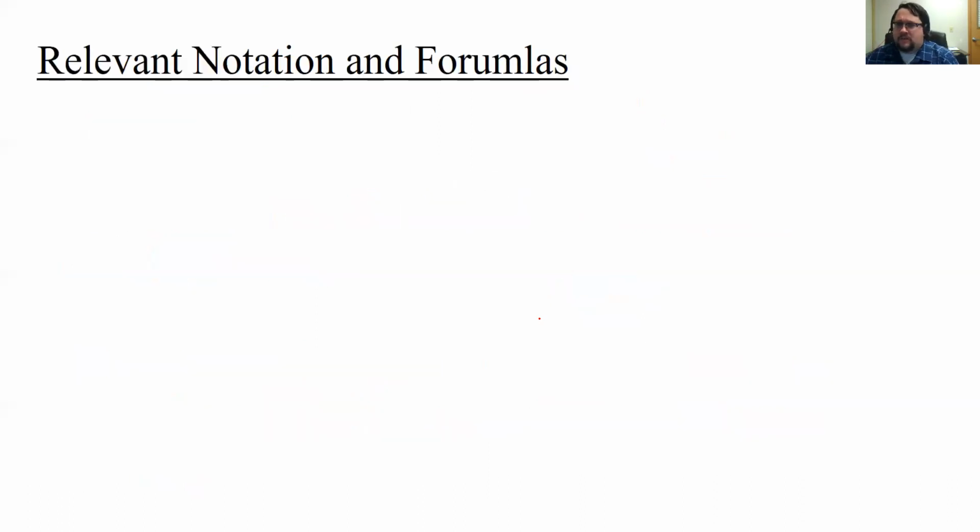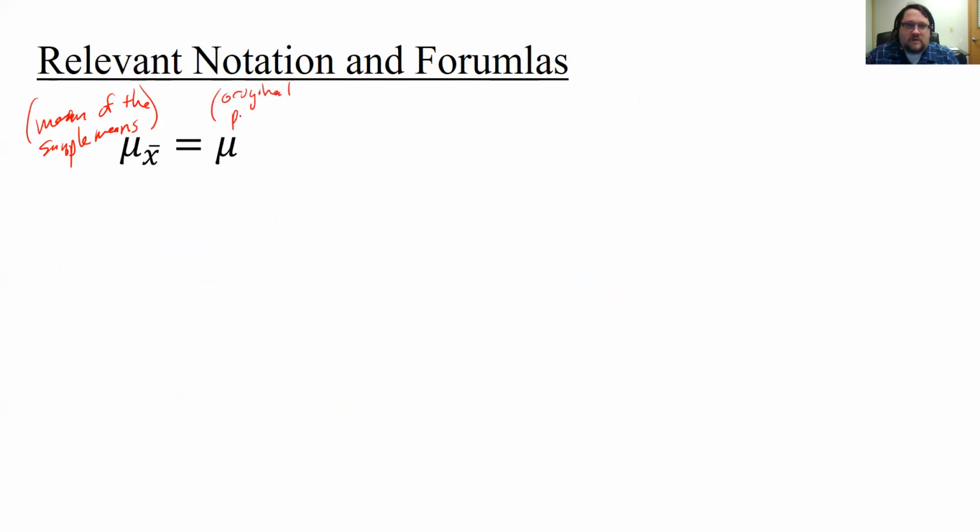Okay, so some notation here, some formulas. Again, the mean of the sample means, excuse my handwriting here, is going to equal the original population mean. That's what this is saying.